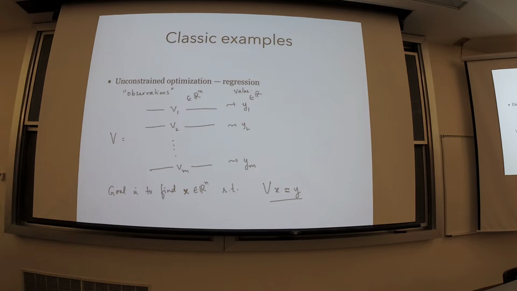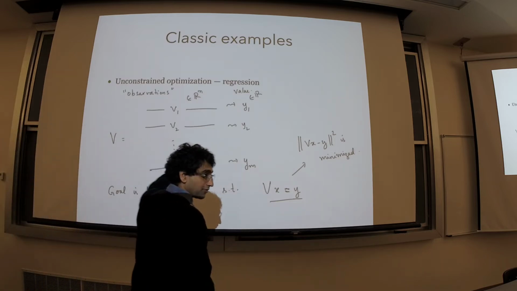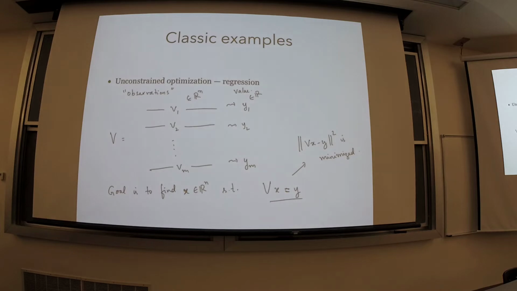So your goal will be to find some x such that this norm of vx minus y squared is minimal. Vx is a vector, right? So Vx will be an m-dimensional vector, and this is in Rm. Rm just means m-dimensional real space.